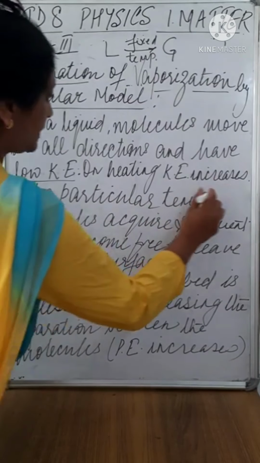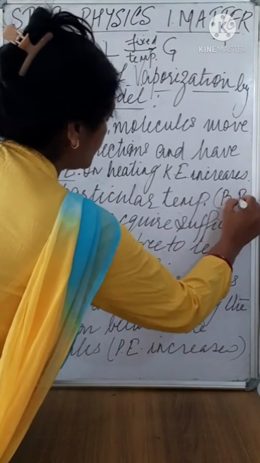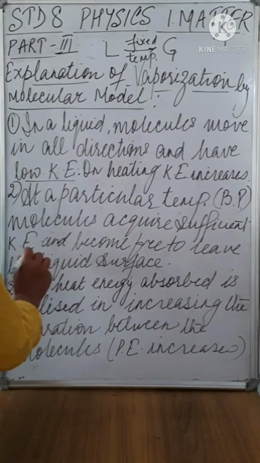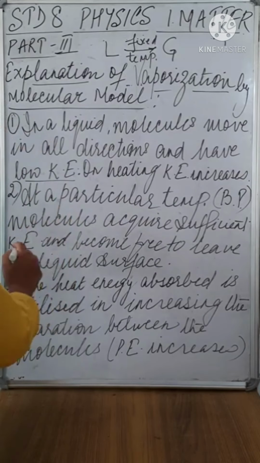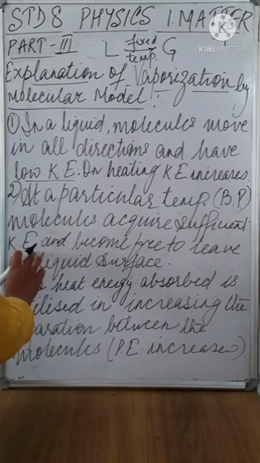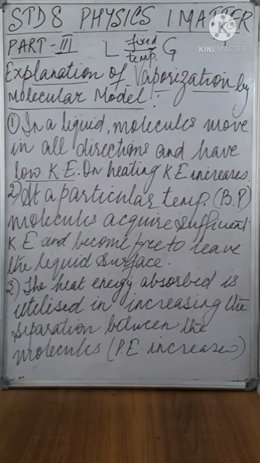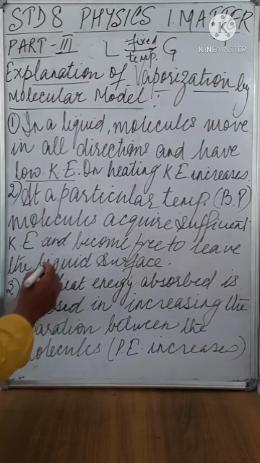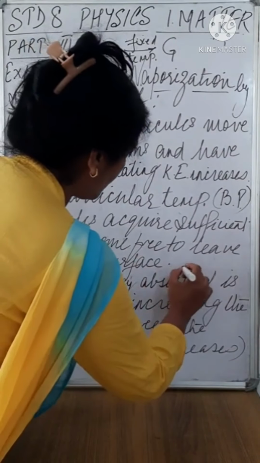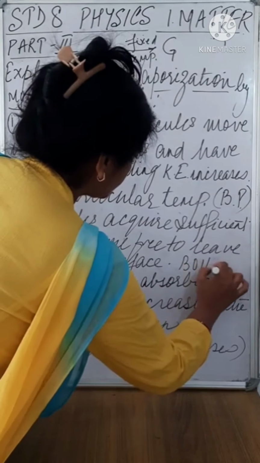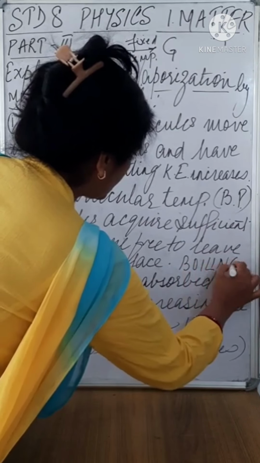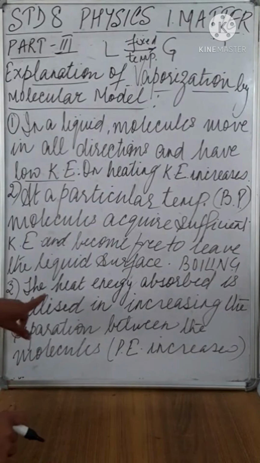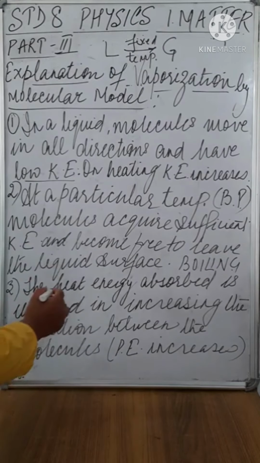At a particular temperature called the boiling point, molecules acquire sufficient kinetic energy to overcome the force of attraction between the molecules and become free to leave the liquid surface. This process is called boiling or vaporization.